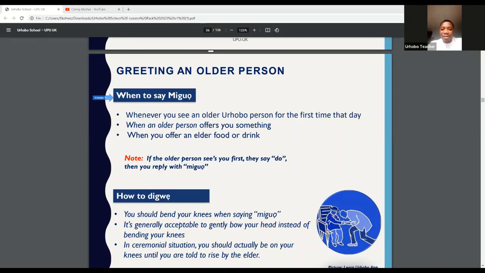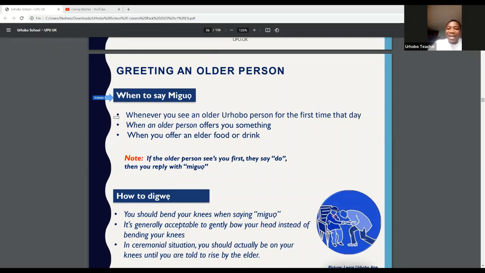Okay? So you see him the first time, you say Mingwo. You see him again, you can say Mingwo, or you can just say Umagari, as somebody has asked.